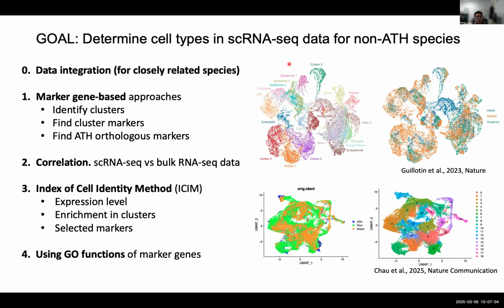If you look into the literature at how people did this, the default method would be to do data integration, which was mostly used in human, mouse, or biomedical research, and there are many other types of approaches people use in publications. So I'm showing you two different UMAPs. One is a good example of integration-based assignment. The other one is not so good, which is what we tried and didn't work well for our case. Let me show you this one.